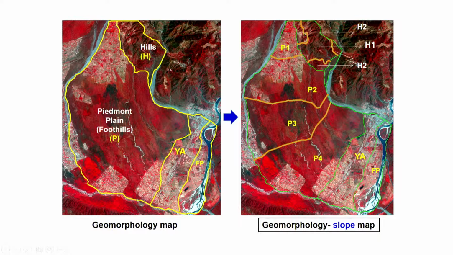Suppose hills have been divided into two or three categories, H1 or H2, meaning steep slopes and moderate slope. Like foothills is divided into four classes. Then you complete the second level of information, topography.